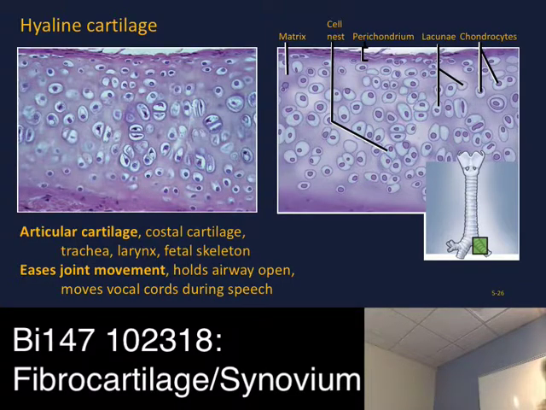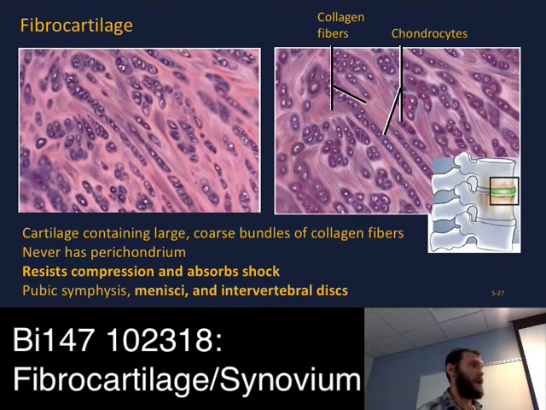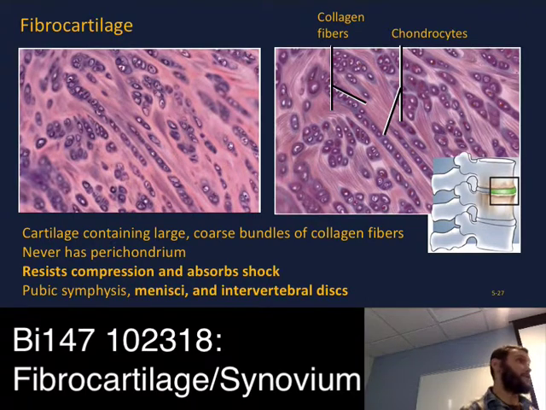Okay, and that is the principal observation I'm hoping you'll make. There are differences in these stacks of chondrocytes in one versus the other. But in general, you'll notice there's a directionality to the tissue.